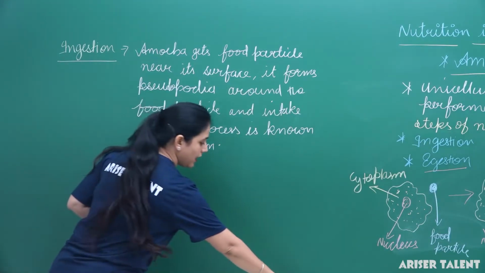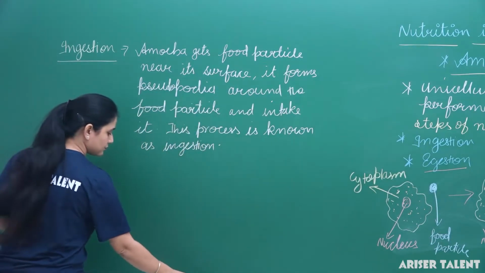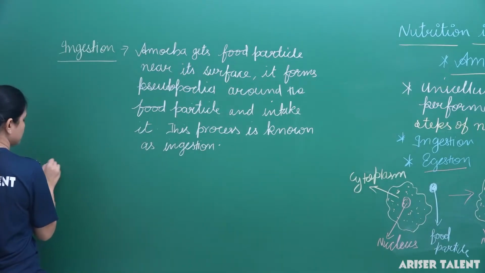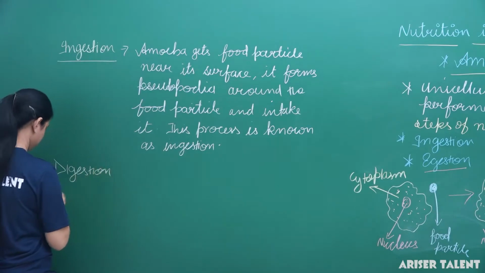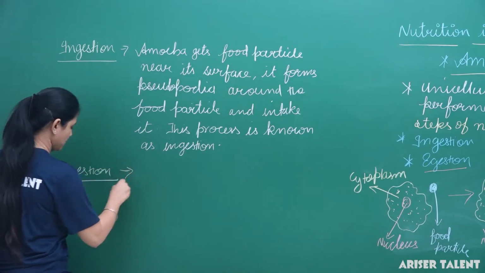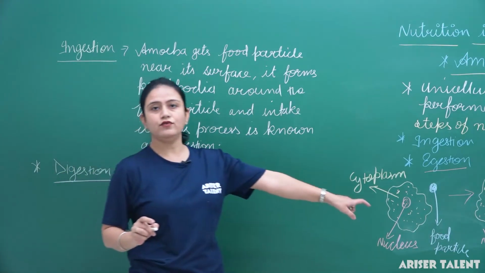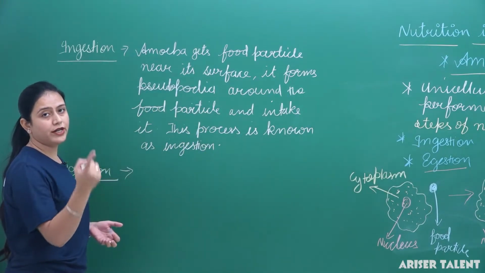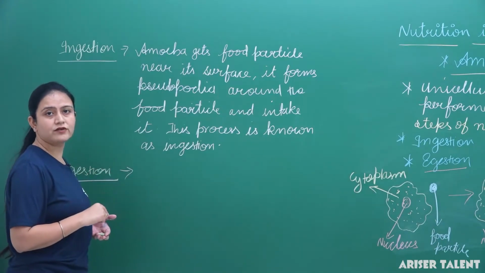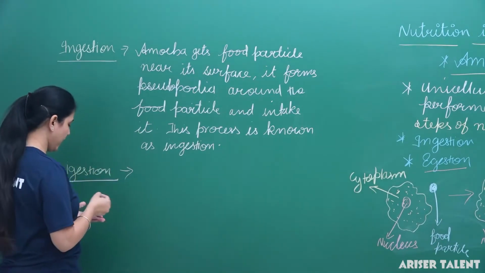Next process is digestion. Already it has taken the food particle inside the body and a vacuole is formed around that food particle, which is known as a food vacuole.